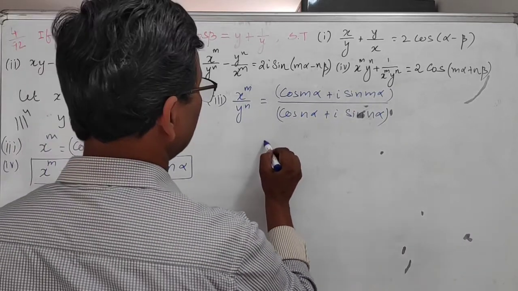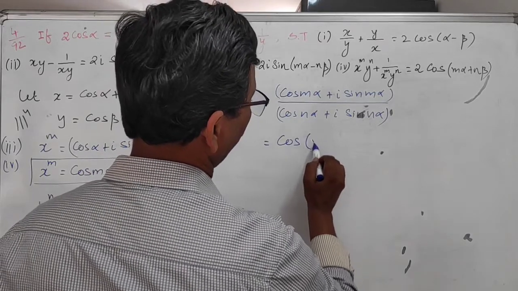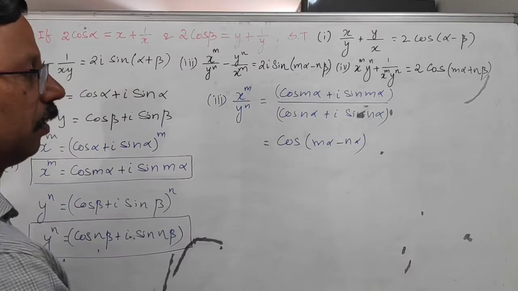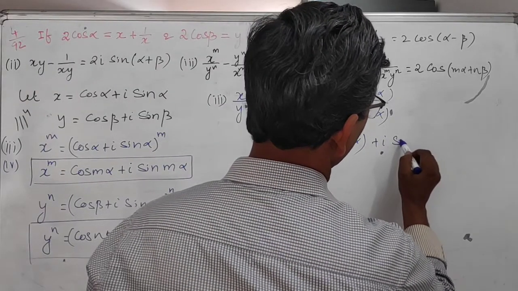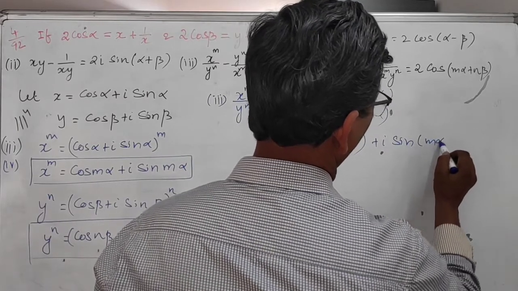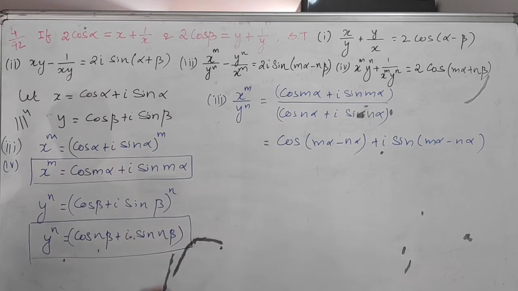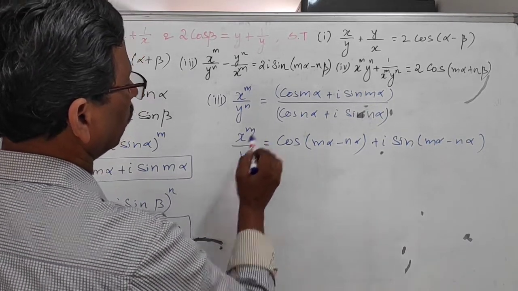Now, we can write this as, since both are in polar form, cos of m alpha minus n beta, then plus i sin of m alpha minus n beta. You just have to subtract their arguments. That's enough. This is x power m by y power n.